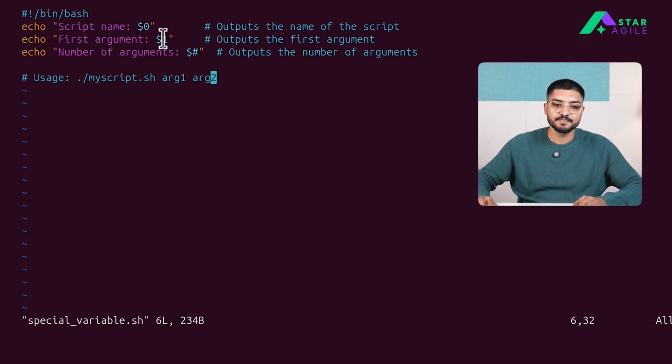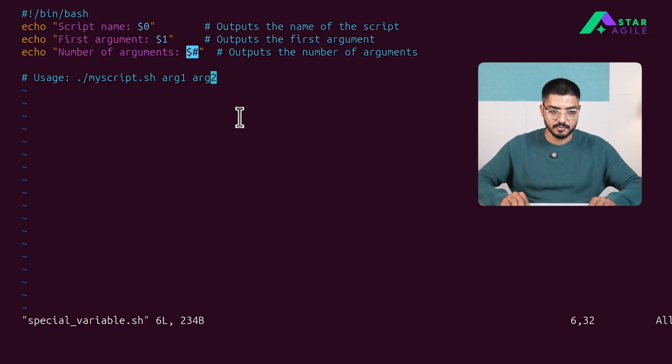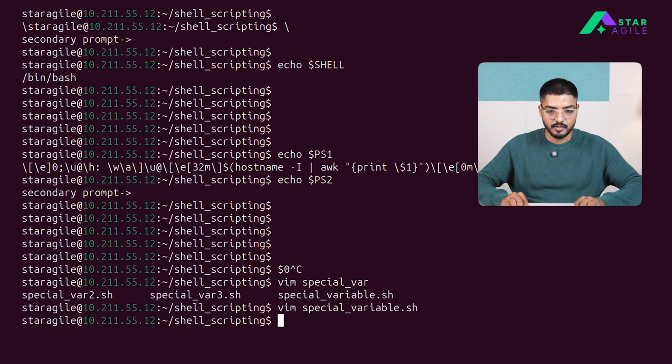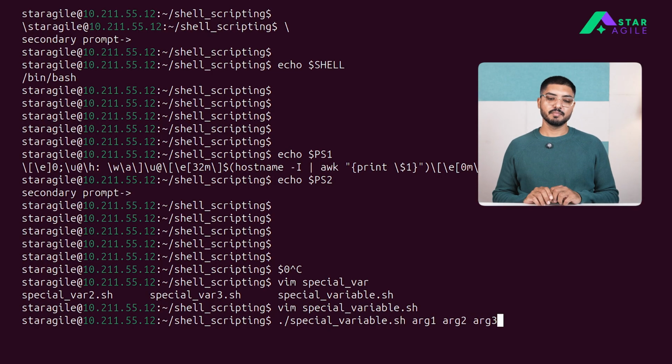Similarly, $1 will print the first argument, and $# will print the total number of arguments that you are passing to a script. So let's say I execute my script specialvariable.sh and I pass argument1, argument2, argument3. Let's say for example I'm passing three arguments to my script.